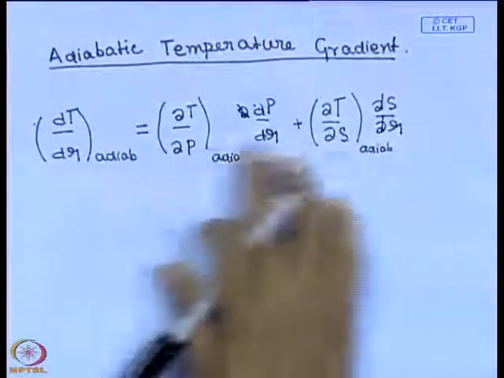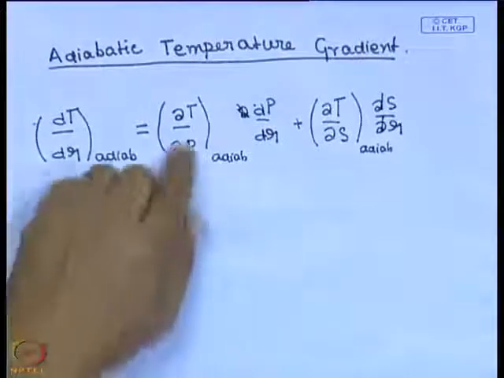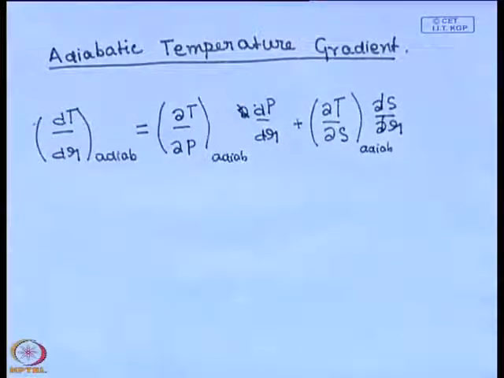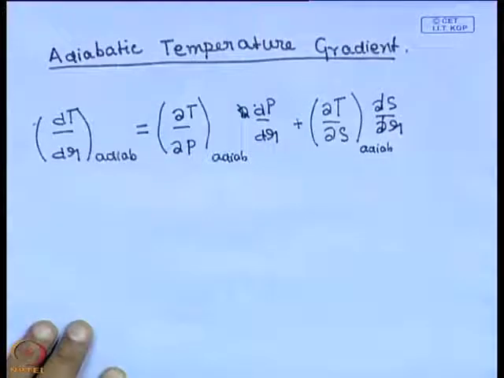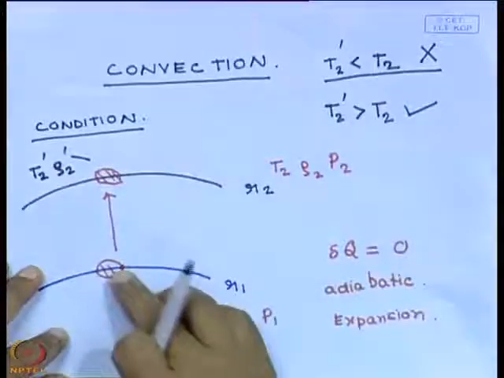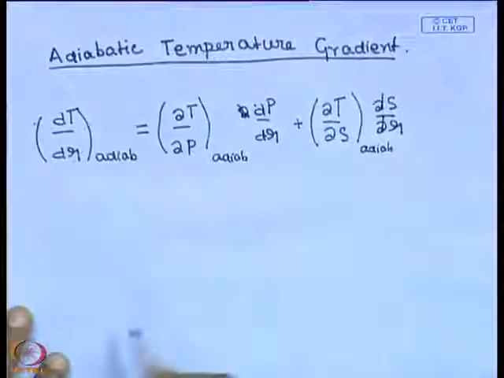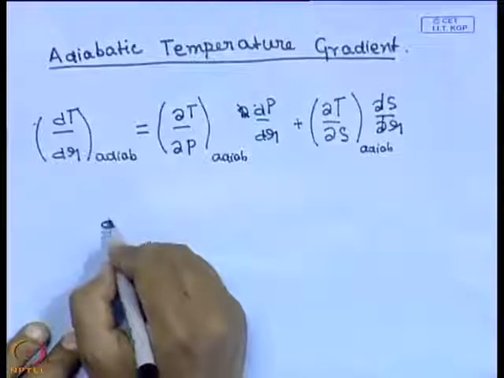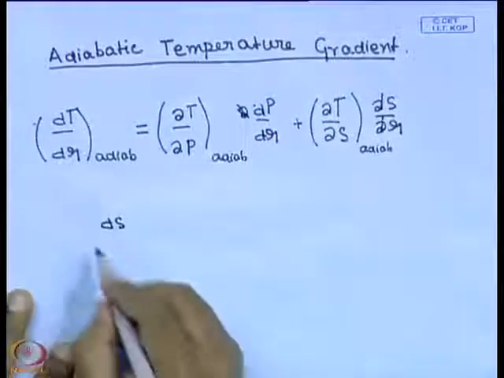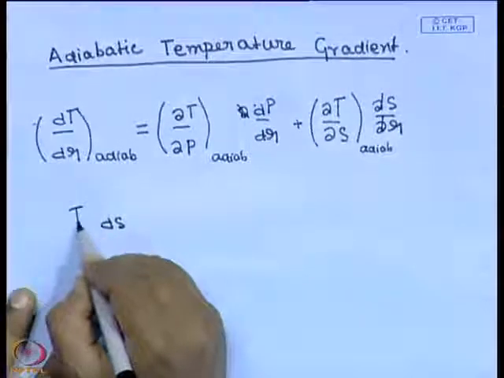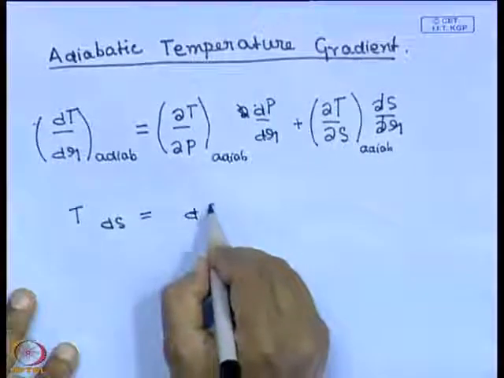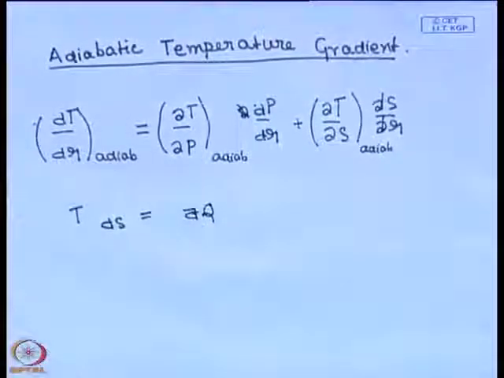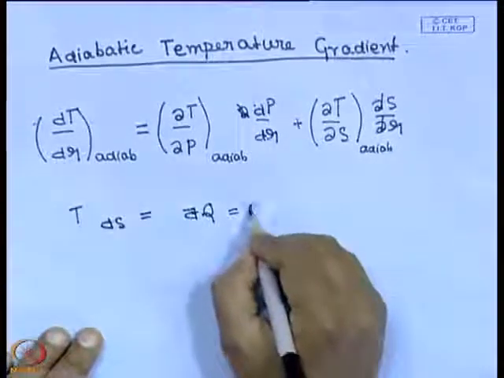Okay, the entropy and the pressure are state variables, they vary with r. Now, if you have adiabatic expansion of this volume of gas, then the heat exchange is 0, and we know that the entropy change dS into T, the temperature, gives us the heat exchanged, and we know that this is 0 in an adiabatic process.